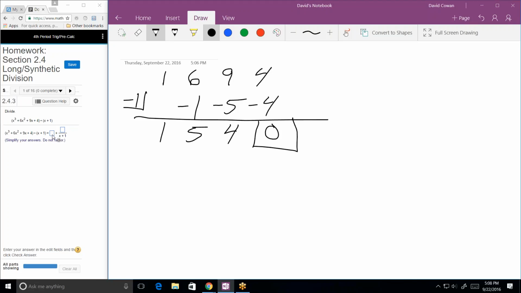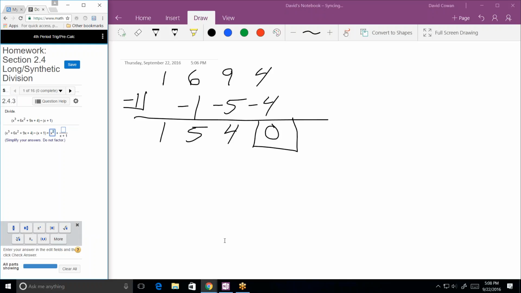So our answer is what? x squared plus 5x plus 4. Correct. I guess I can put that in on my keyboard, huh? Yes. x squared is what?